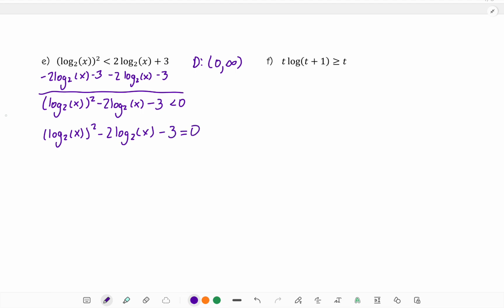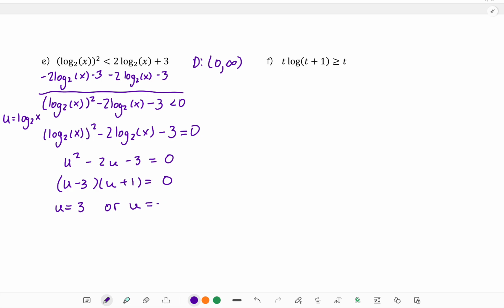And like I said, you want to do a u substitution, so let u equal log base 2 of x. So we get u squared minus 2u minus 3 equals 0. That's u minus 3, u plus 1 equals 0. That's u equals 3, or u equals negative 1.